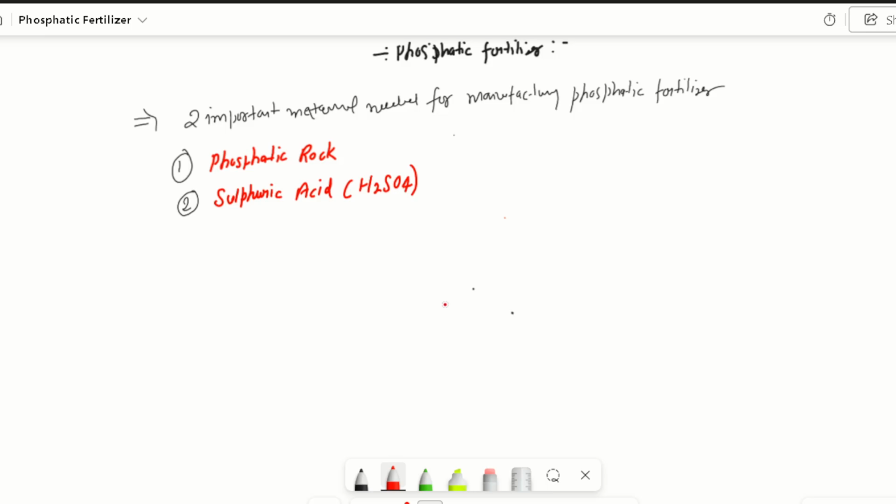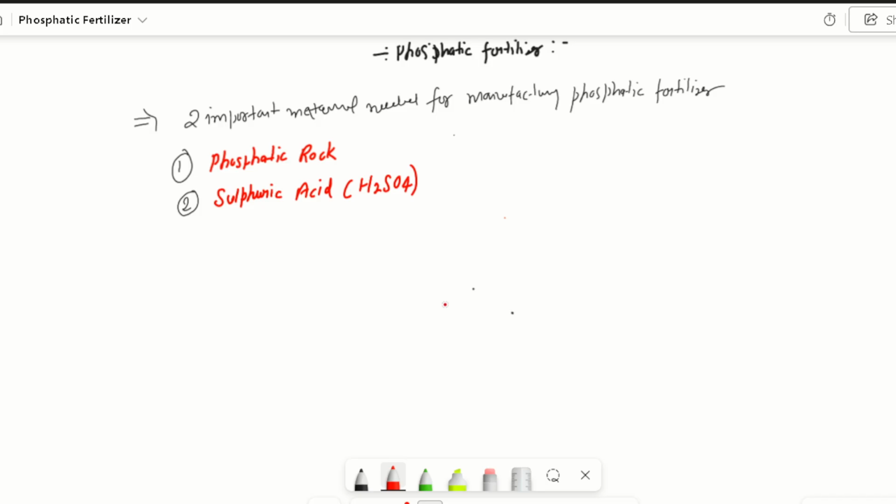Any rock or phosphate containing fertilizer which has a large amount of phosphorus and minerals is used for production of phosphatic fertilizer. These are directly applied to field or soil, and also used for production of industrial phosphorus compounds.